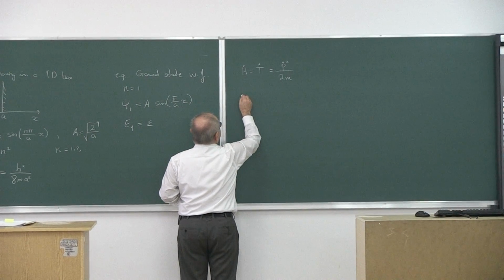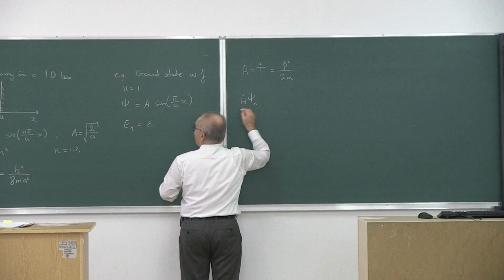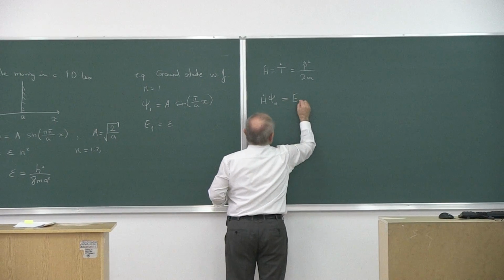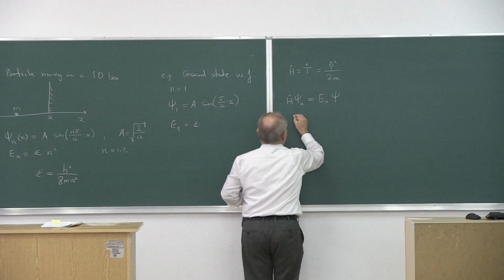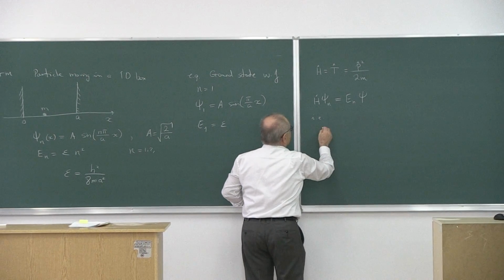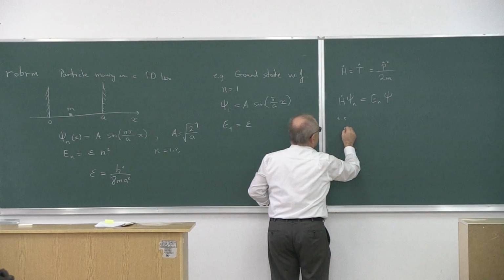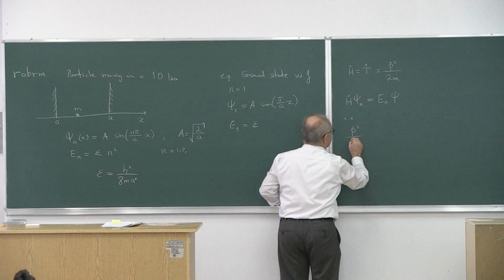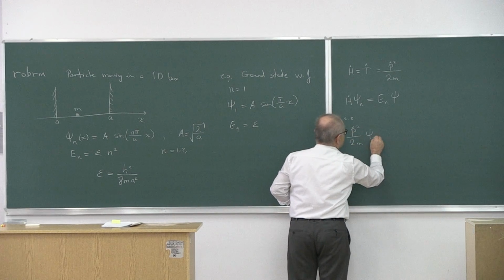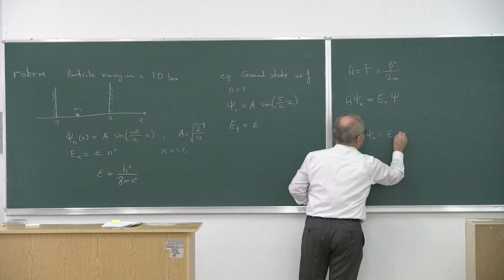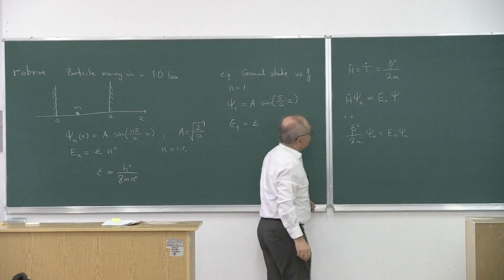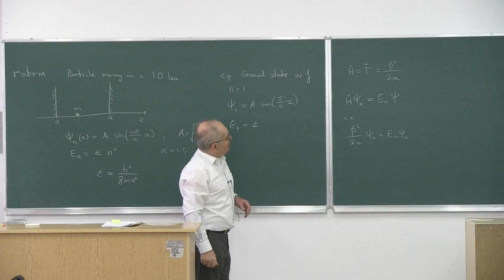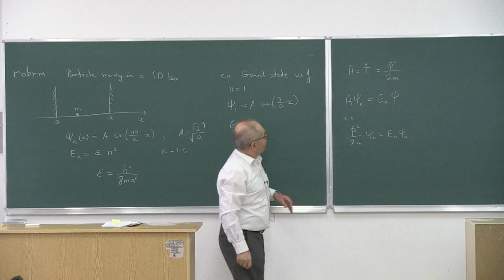They satisfy, all these functions, more explicitly, p square over 2m psi n equals En psi n. All right.